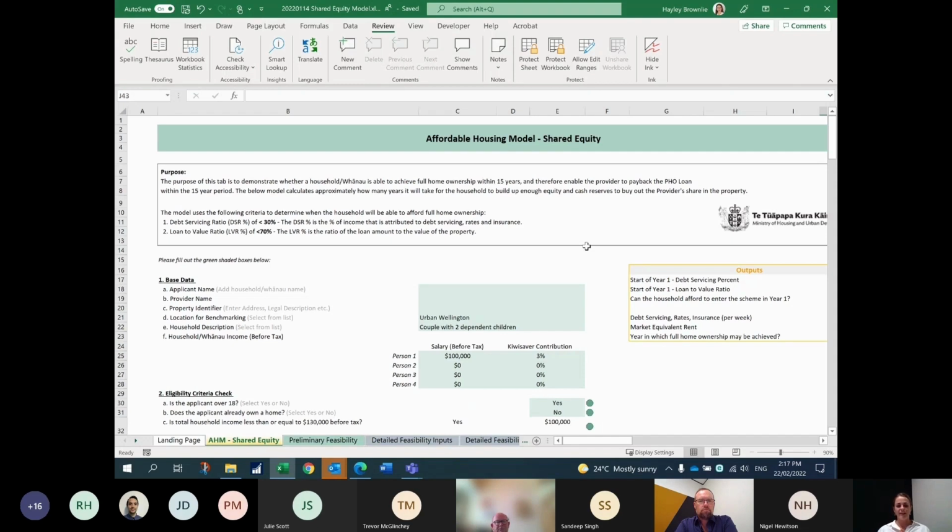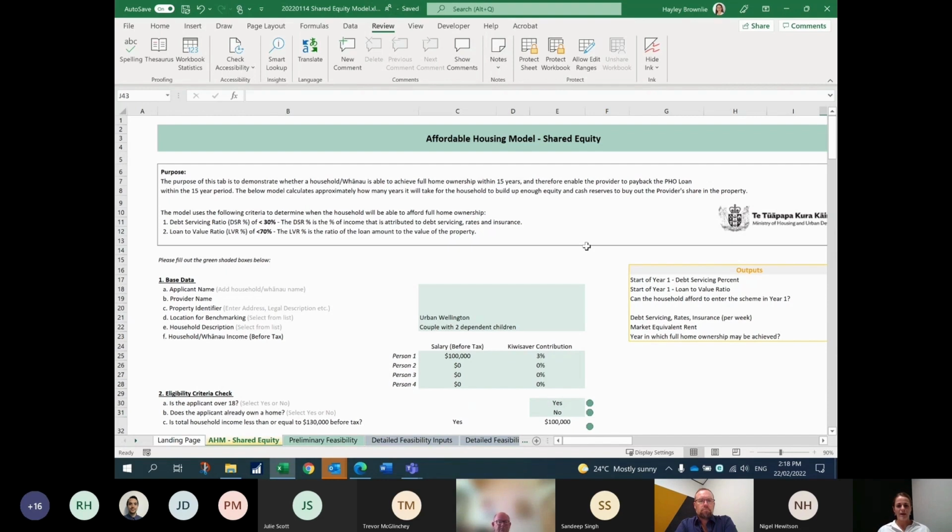The model also calculates the affordability of the household at year 1 and whether they can enter into the scheme initially. And then it forecasts the household's equity and cash reserves to show what position it will be in to buy out the remaining share within those 15 years.